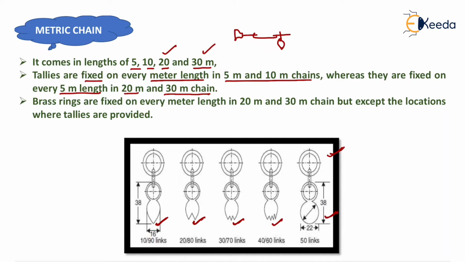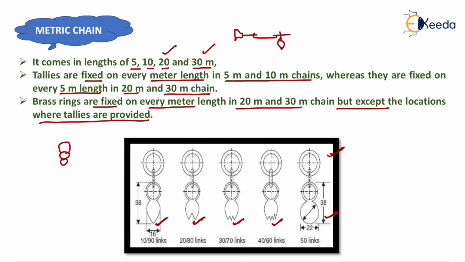Brass rings are also fixed on every meter length in 20 meter and 30 meter chain, but except the location where tallies are provided. It means that in 20 meter and 30 meter metric chain, after every 1 meter there will be one brass ring whose shape is like this.